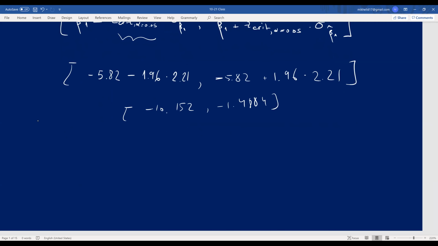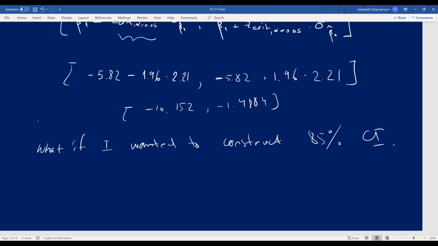What if I said, if I wanted to construct an 85% confidence interval, what would be Z critical?